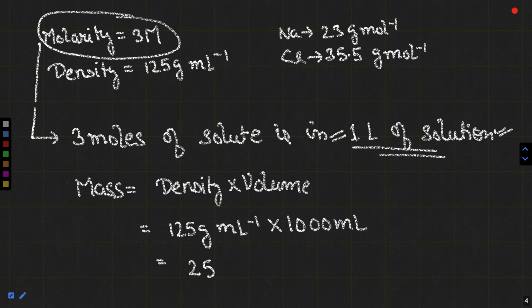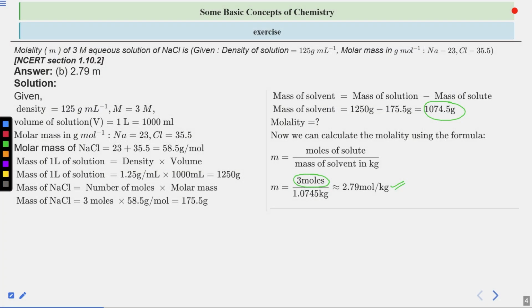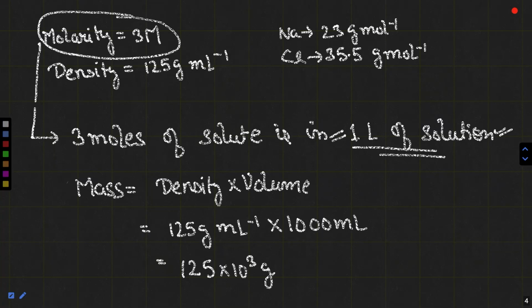Now just multiply this. So it will be finally 1.25 into 10 to the power 3 grams. So this will be your mass. So if density is 1.25, we get 1250 grams as the mass.